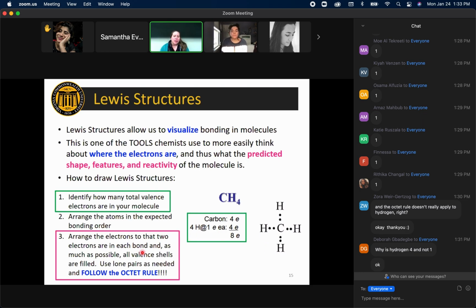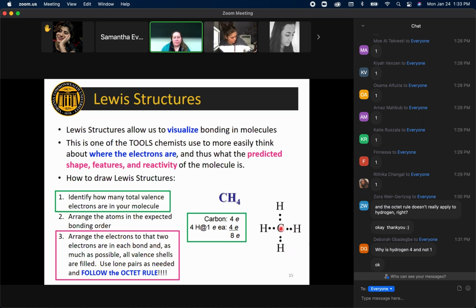So the next thing, as much as possible, all valence shells are filled. Okay, so every hydrogen here is counting the 2 electrons next to it when it's counting its electrons for its valence shell. So every hydrogen here has 2 electrons, so they all have a satisfied valence shell.